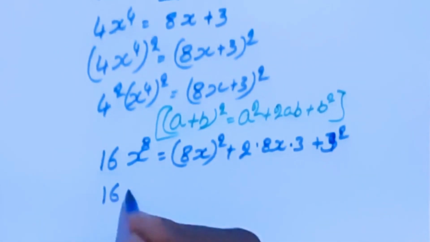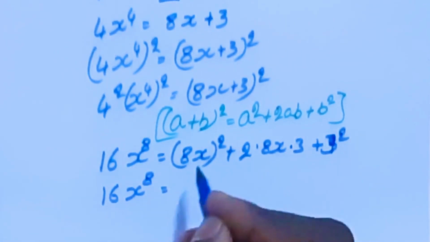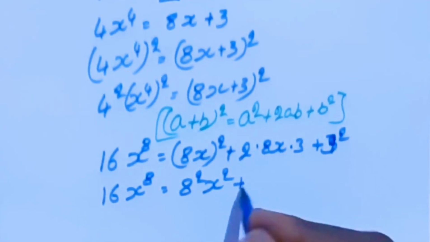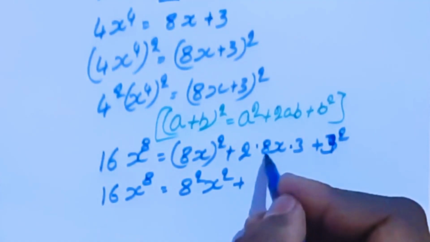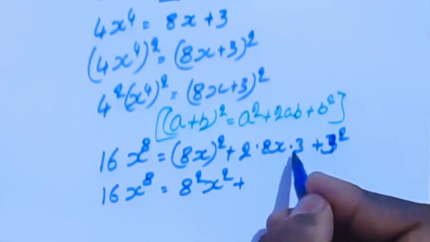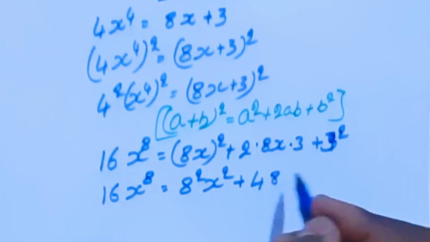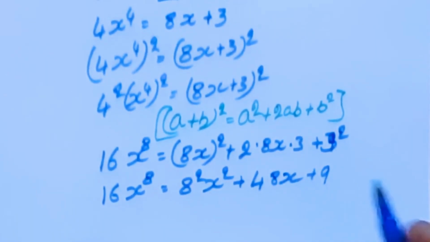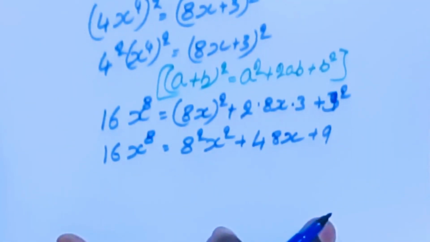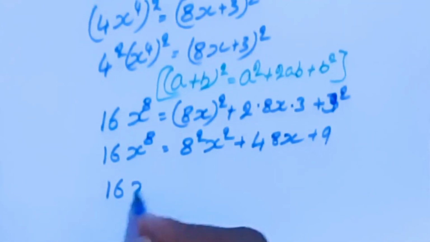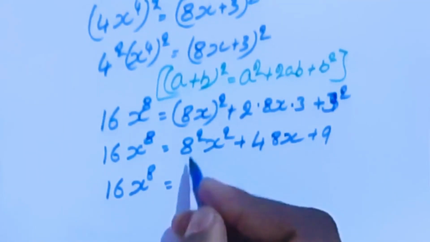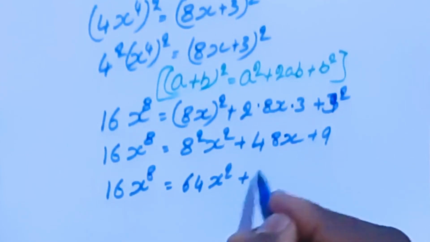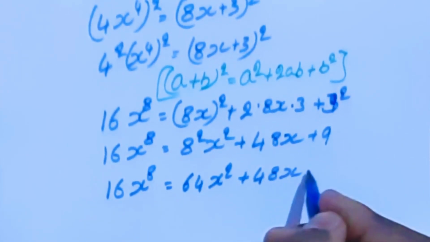Now 16x to the power of 8 equal to 8 to the power of 2 x to the power of 2 plus this is 16 times of 3 is 48x plus 9. Now 16x to the power of 8 equal to 8 square is 64x square plus 48x plus 9.